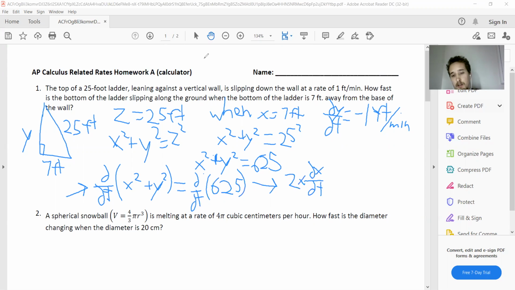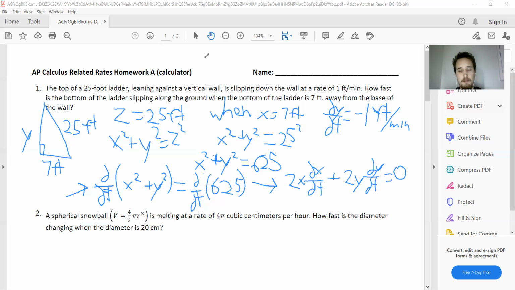So going back to this, for the same reasons, you get 2y dy/dt, right? Because y differentiated with respect to t using chain rule, and 625 differentiated is going to be 0, right?